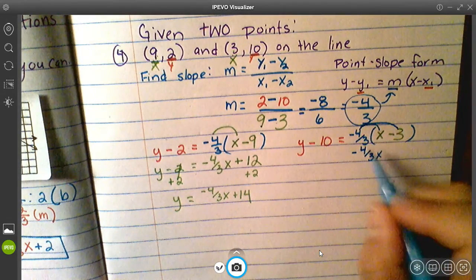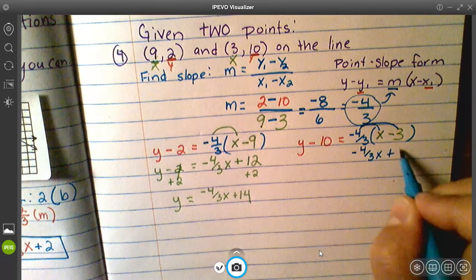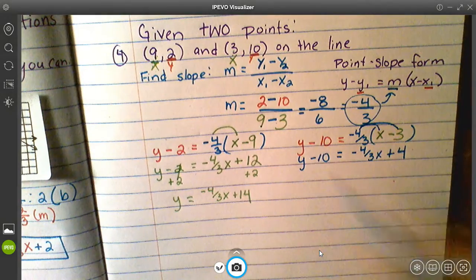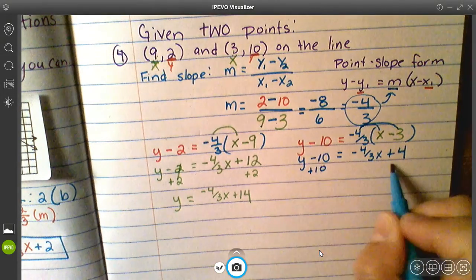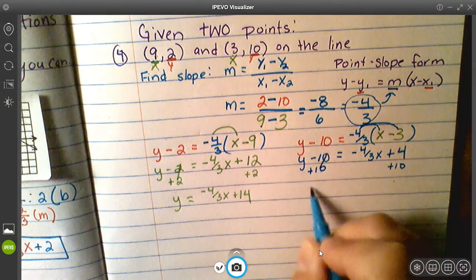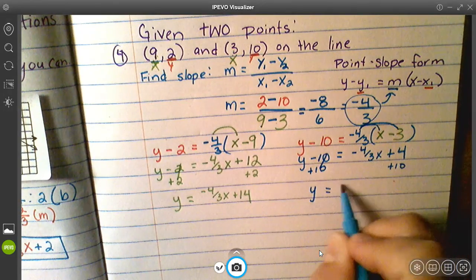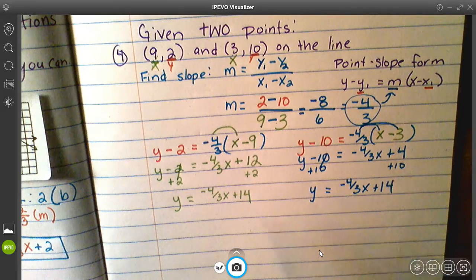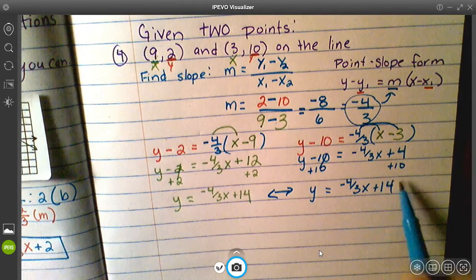Negative 4/3 times negative 3 is a positive 4. And this just stays the same. Then I will add the 10 to get y equals negative 4/3 x plus 14. So as you can see, it does not matter which point you choose, we get the same thing both ways.